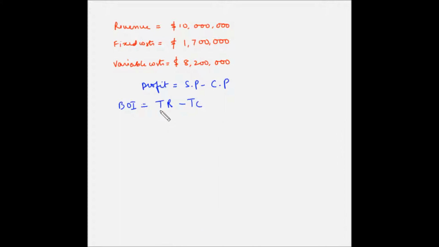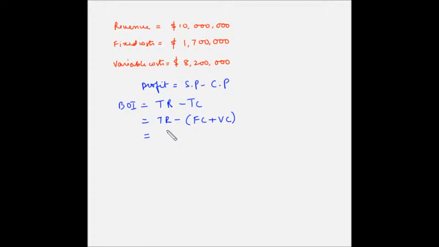Or in other terms, the total amount that you are getting after selling the material. And total cost is the addition of the fixed cost and the variable cost. Or in other terms, what are you investing in order to produce the units which you are selling. So this is equal to total revenue minus total cost, which is the addition of fixed cost and the variable cost.